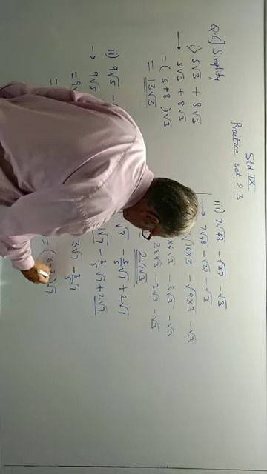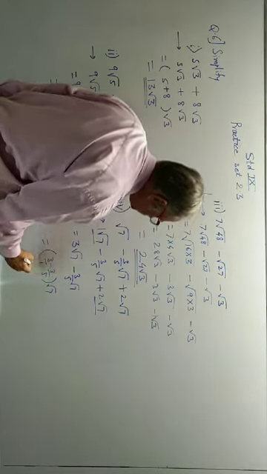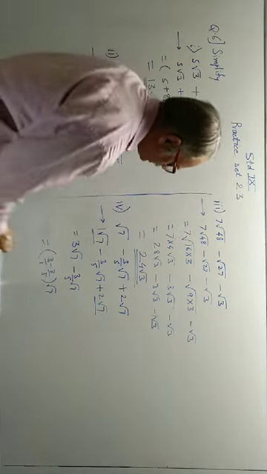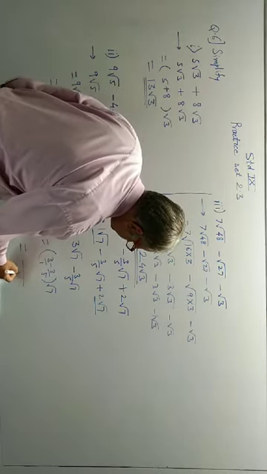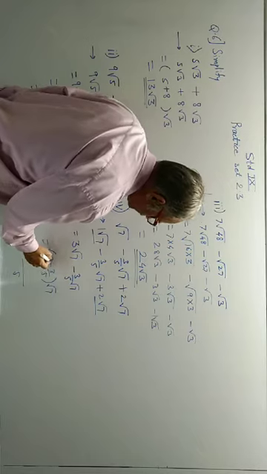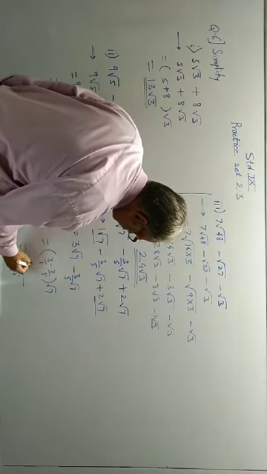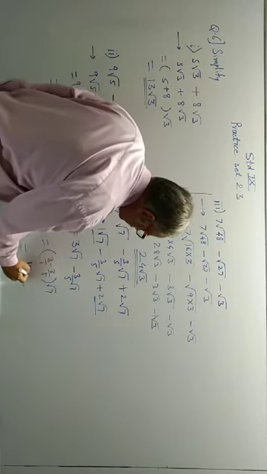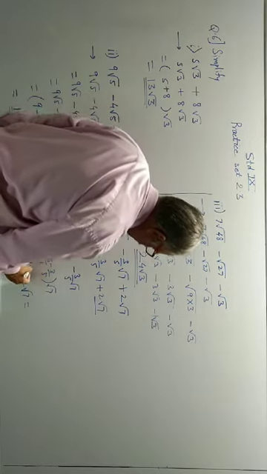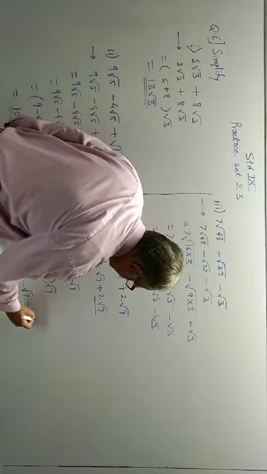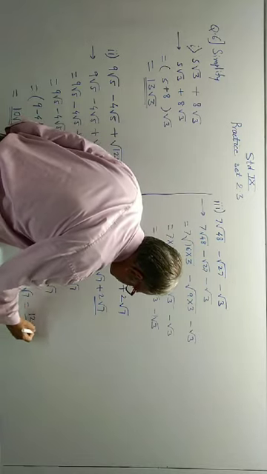3 minus 3 by 5. 3 means 3 upon 1. When an integer and a fraction are there, the denominator is the LCM. 1 into 5, 5. When the product is the LCM, 3 5s are 15 on this side, minus 3 1s are 3 on this side. So that is equal to 15 minus 3 is 12 upon 5 root 7.